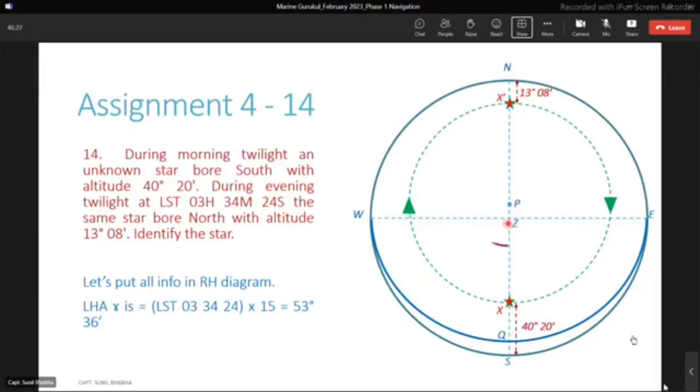So from the observer's meridian, if I draw an angle of 53 degrees 36 minutes, this is where the meridian of Aries would be. So from the observer's meridian, we go in the westerly direction by 53 degrees 36 minutes, and it gives us the celestial meridian of Aries. This is the location where Aries is going to be.